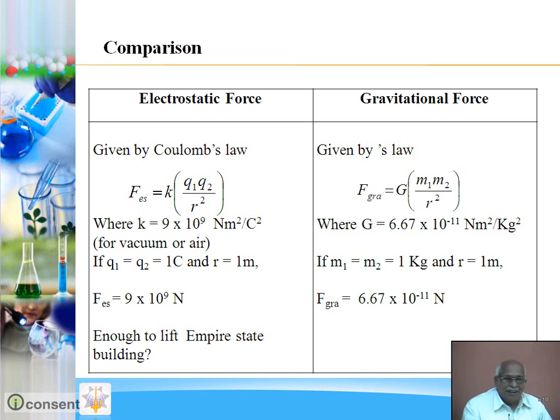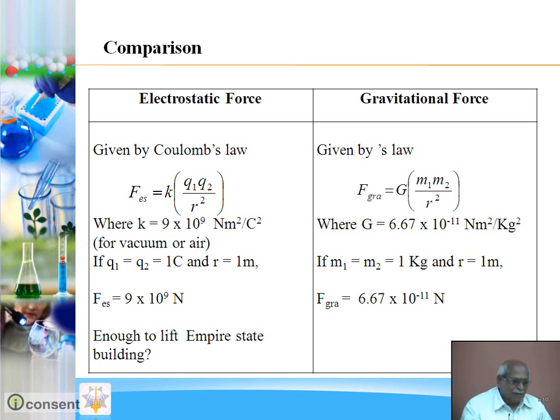By using Coulomb's law equation, force between the two charges will be F_ES, electrostatic force, equal to 9 into 10 raised to 9 Newton. How large is this force? For about 20 years, the tallest building in the world was supposed to be Empire State Building of New York.